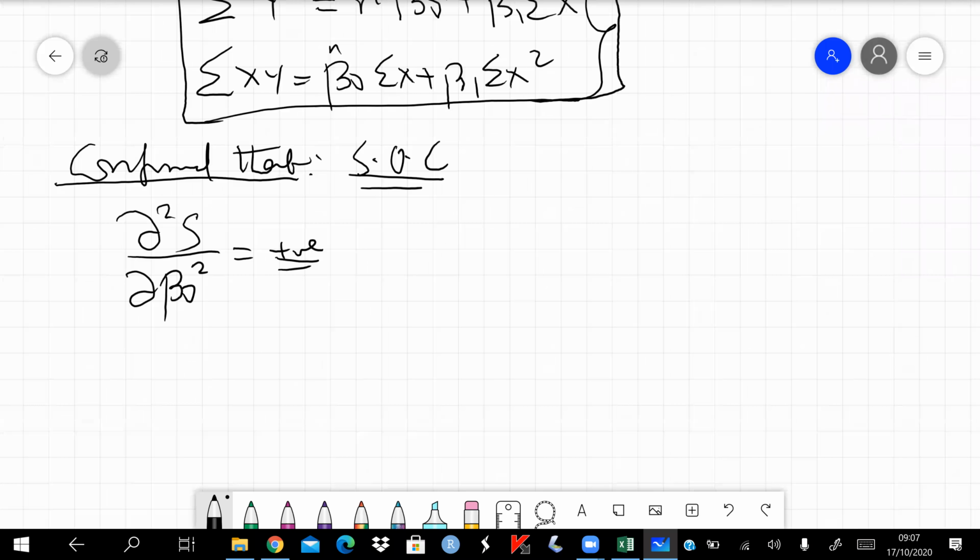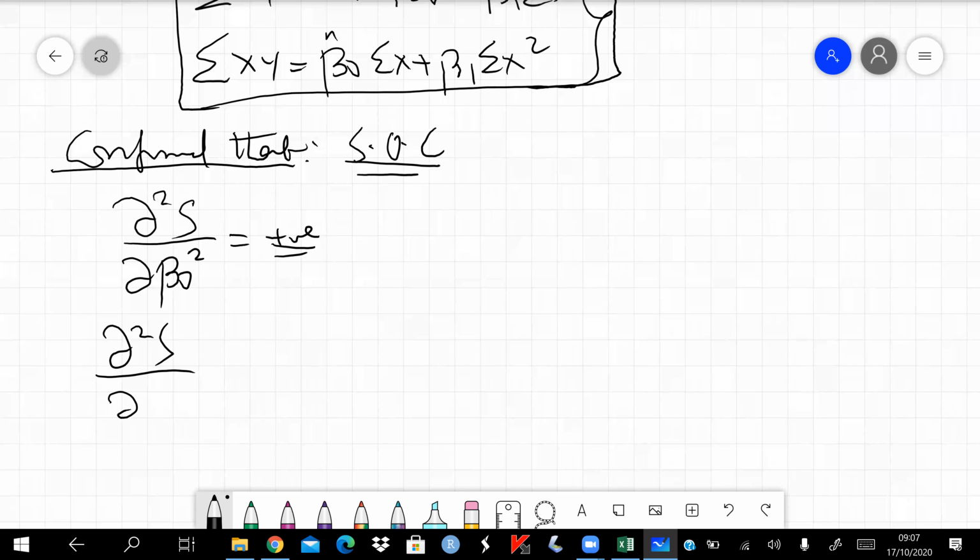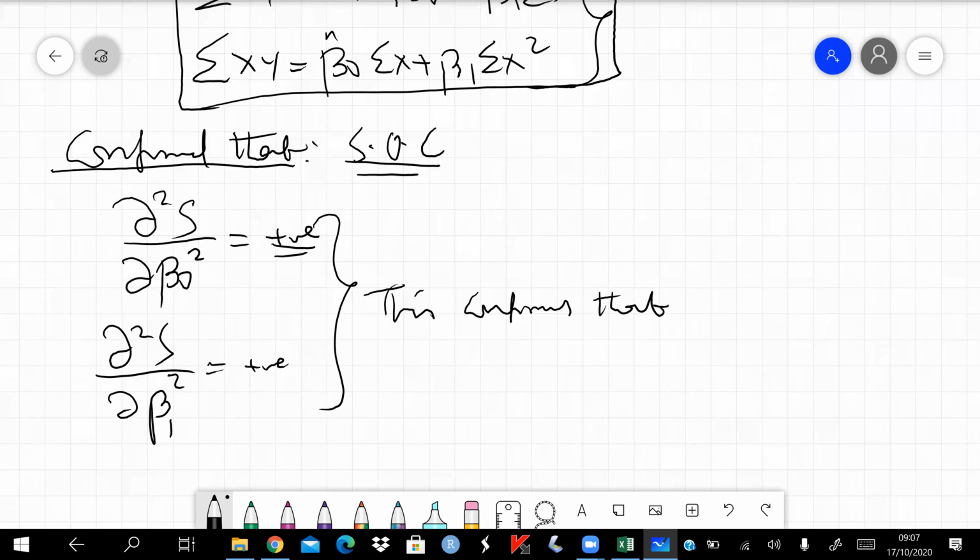And in the same case, if you perform the second partial derivative of S with respect to beta 1, you'll also get a positive number. So that confirms that S is minimum. If you get this, it means that your S is actually minimum.